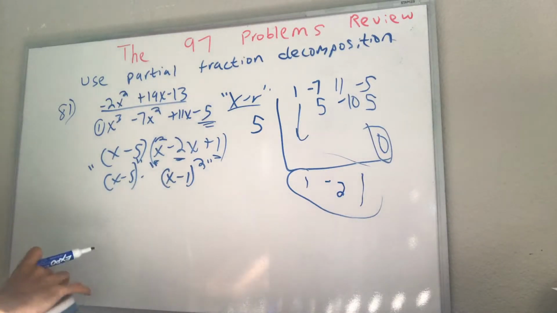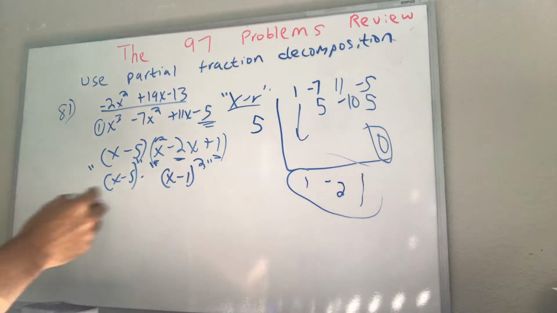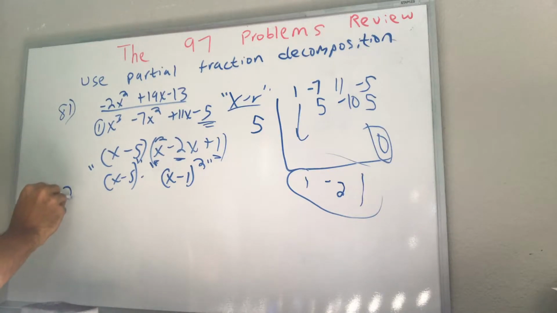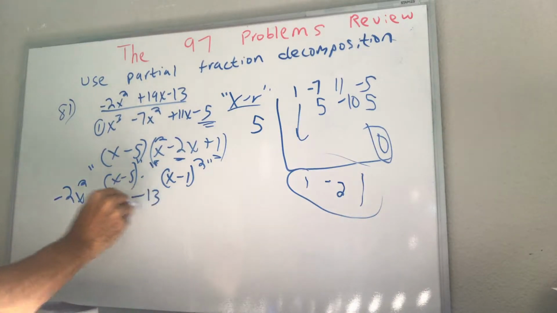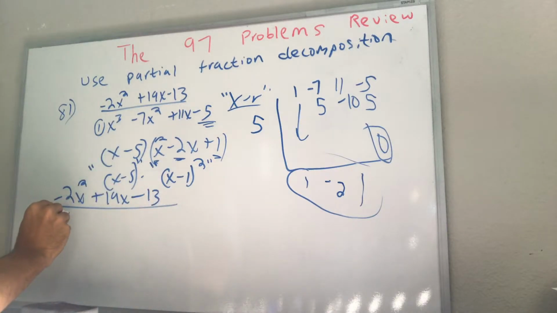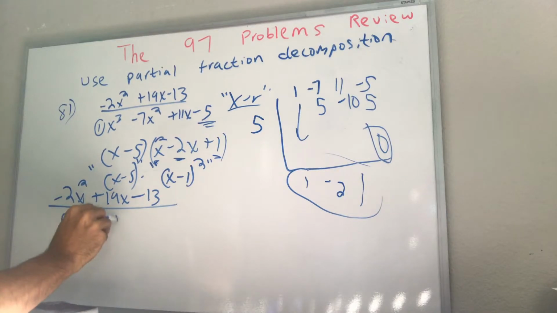So now let me just write this again. I have negative 2x squared plus 19x minus 13 divided by x minus 5 times x minus 1 squared.